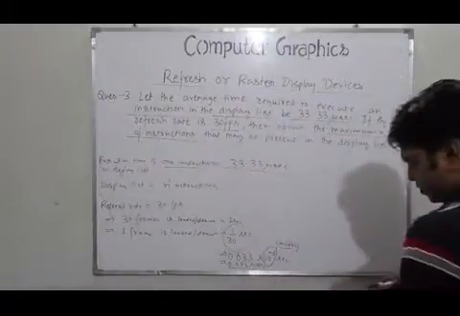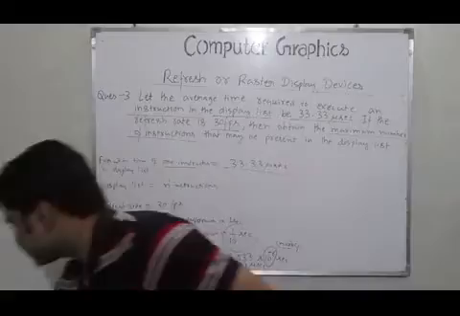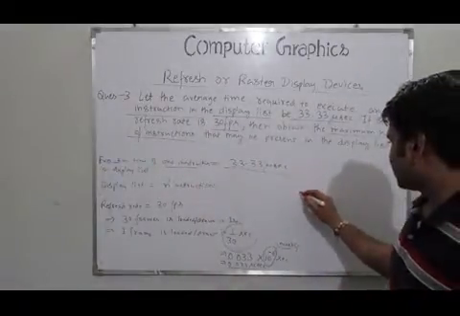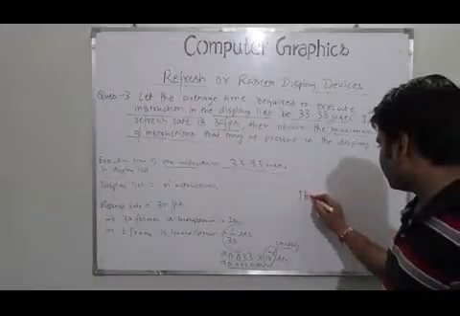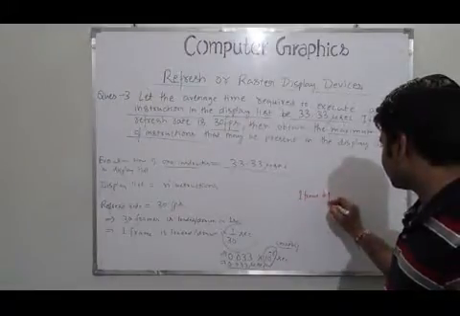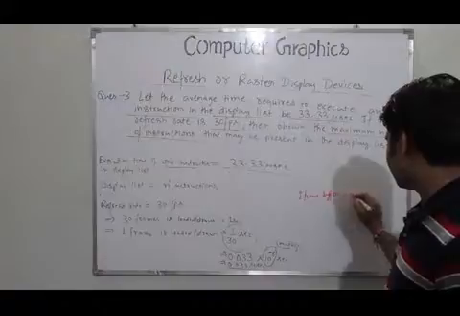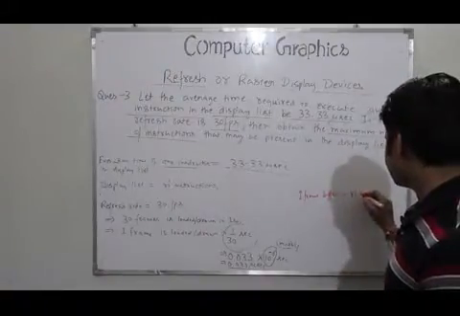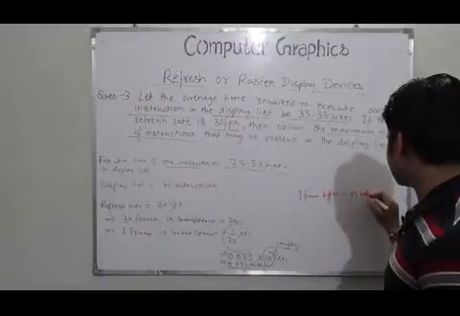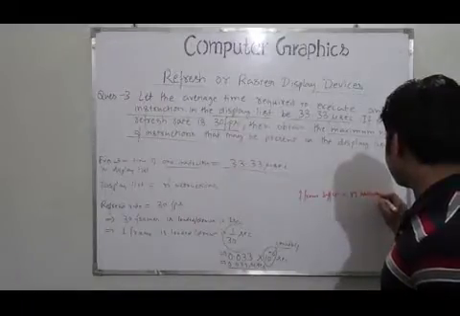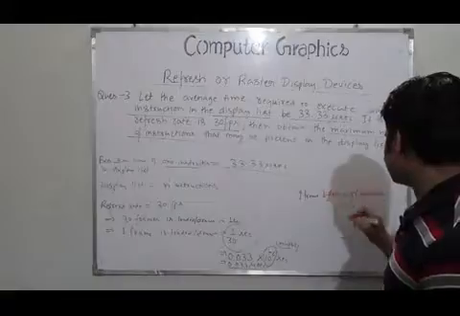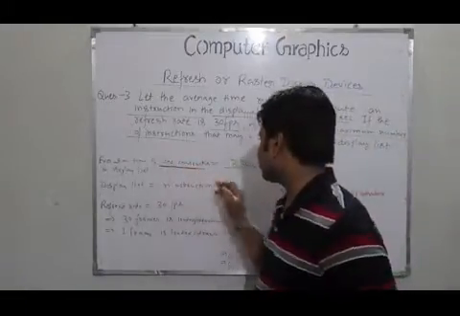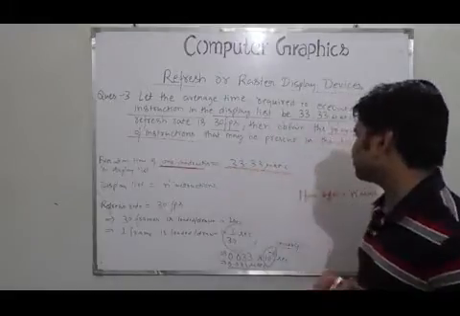One frame buffer consists of n instructions, and for executing one instruction we require 33.33 microseconds.